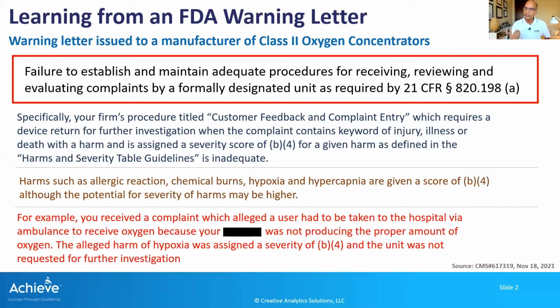So the underlying theme here is inadequate or maybe not correct assignment of severity ranks, but they're citing against the complaints procedure. That's what they can do based on the QSR requirement. So I wanted to bring this to you as an introduction, and I want to open the floor for discussion about, does this seem familiar to you in terms of the challenge you face internally when assigning severity levels?